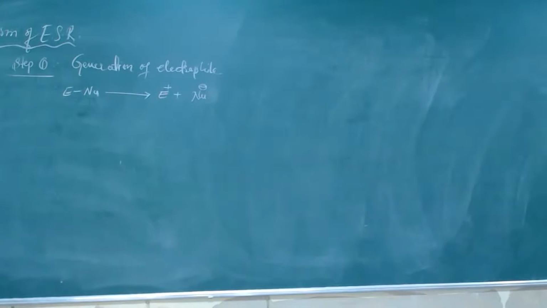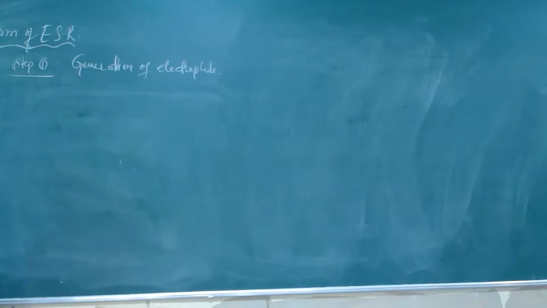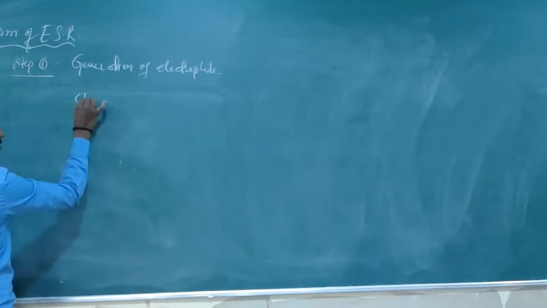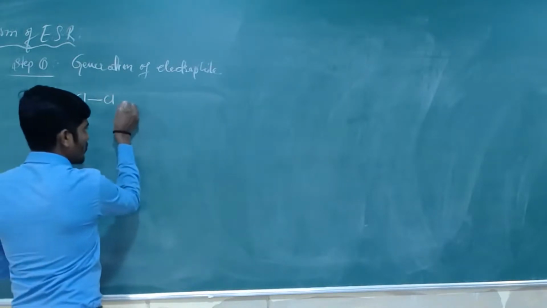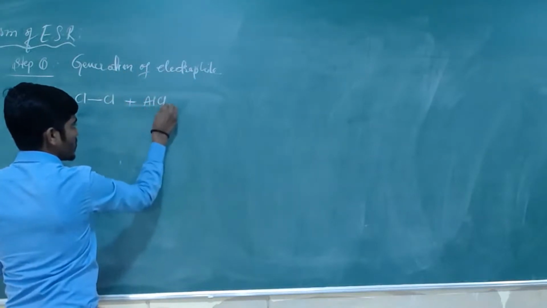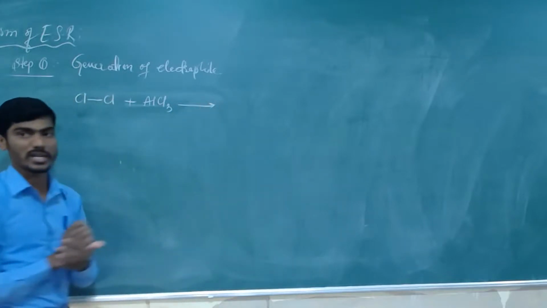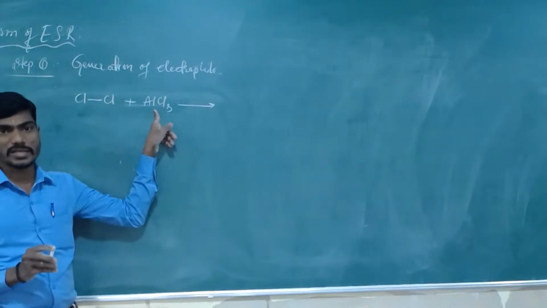Let us take one example, halogenation. Because all 5 reactions involve the same mechanism, only this step differs. In halogenation, benzene reacts with Cl2 or halogen X2 in the presence of a Lewis acid: AlCl3, FeCl3, FeBr3, etc. The Lewis acids are electron carriers.